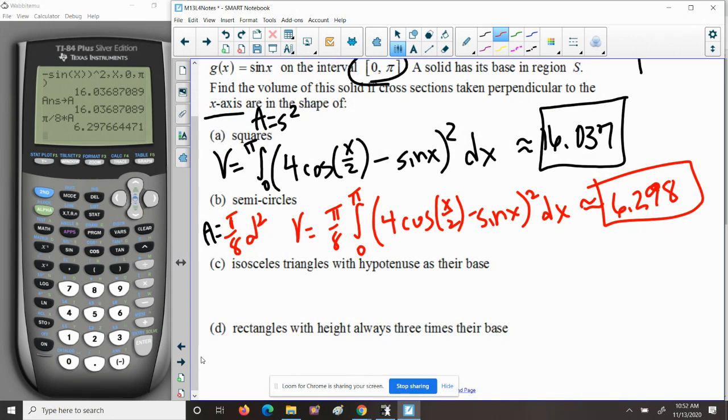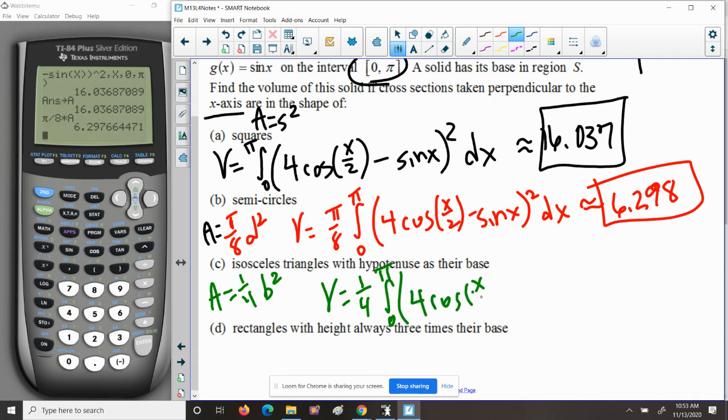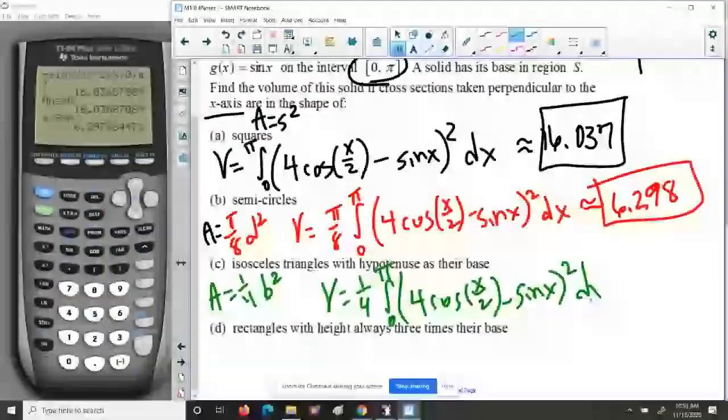Okay, isosceles triangles with hypotenuse as their base. That's supposed to be isosceles right triangles with hypotenuse as the base. So we said that that formula was 1/4 times the base squared. We have 1/4 times the integral from 0 to pi of the base squared. Upper minus lower would be 4 cosine x over 2 minus sine of x all squared.